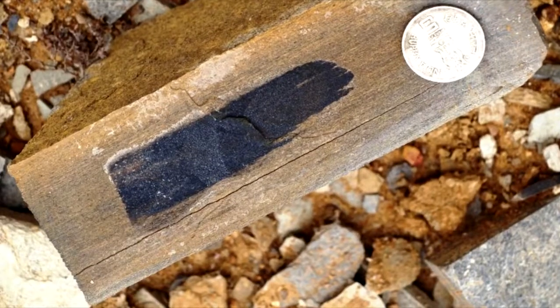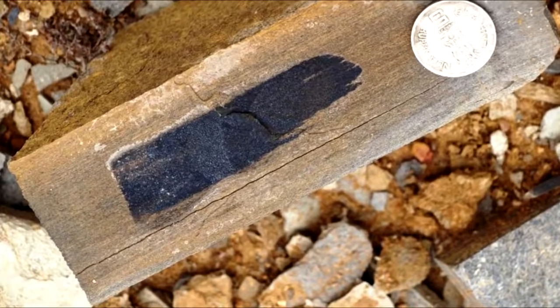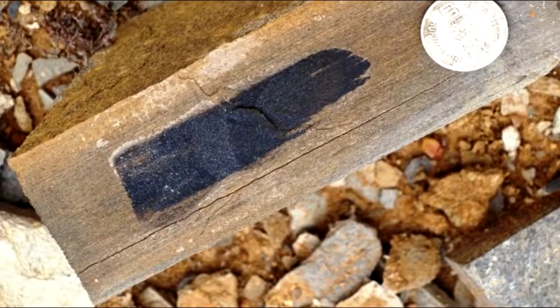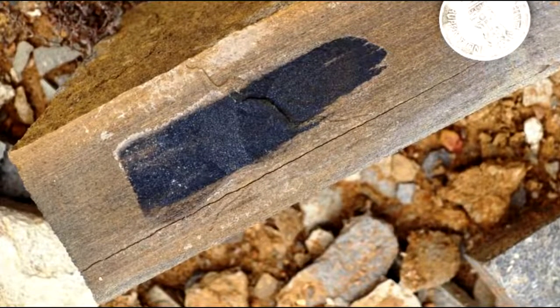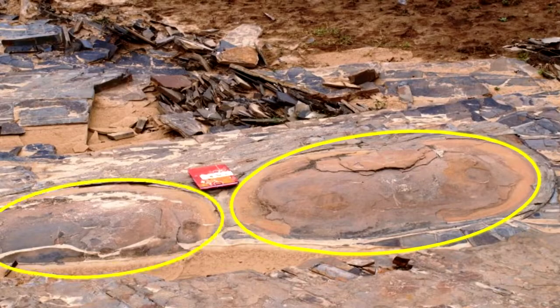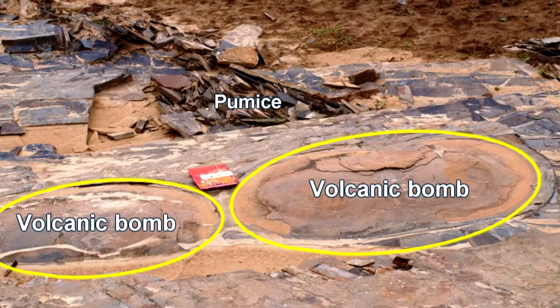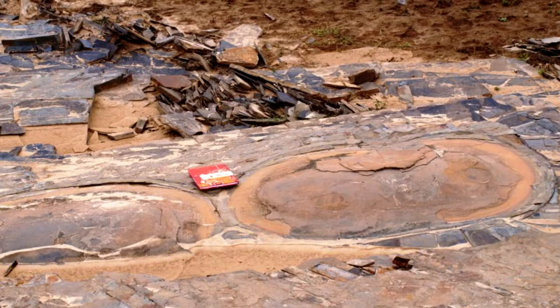Lapilli, the size range is 2 millimeter to 64 millimeter, pebble or granule size. Blocks and bombs. Bomb is a term applied for a large boulder or cobble formed due to the explosion of the volcanogenic material.